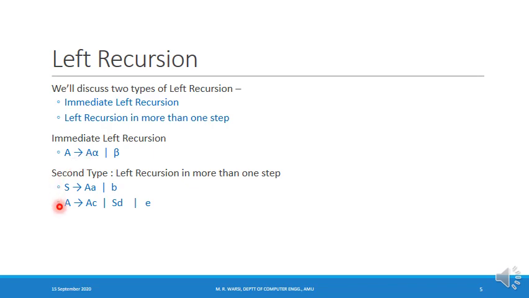If I look at this grammar, there is no production which is containing immediate left recursion. But if I do the derivation, then a situation for left recursion will arise. For example, I start the derivation from the starting variable capital S and I expand the capital S using the first production and I obtain this sentential form. Now I expand capital A using the second production and I obtain this sentential form.